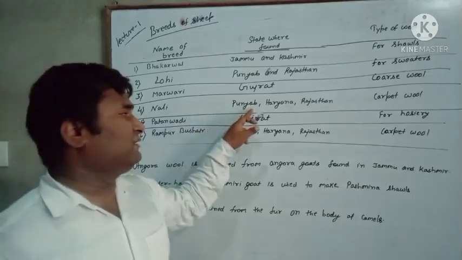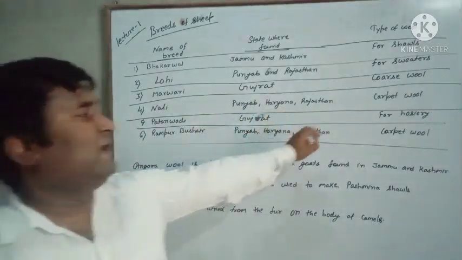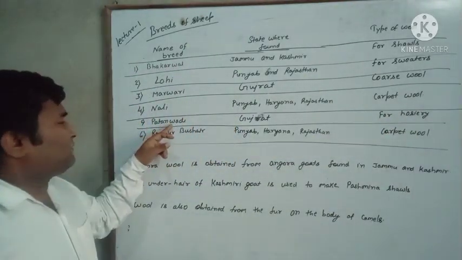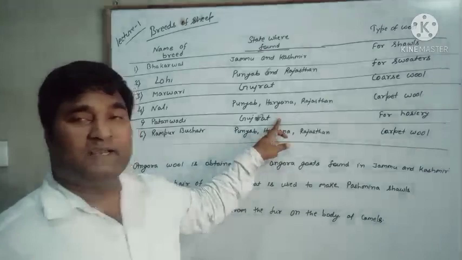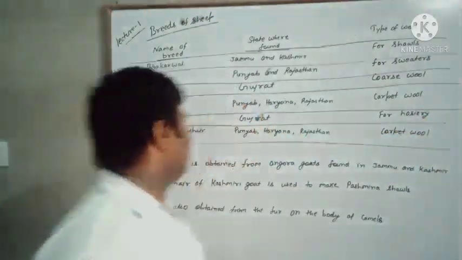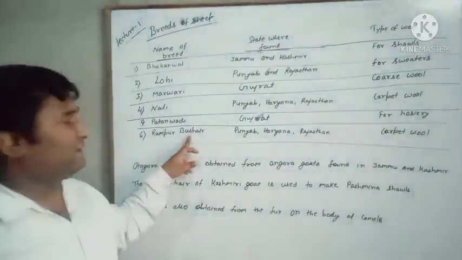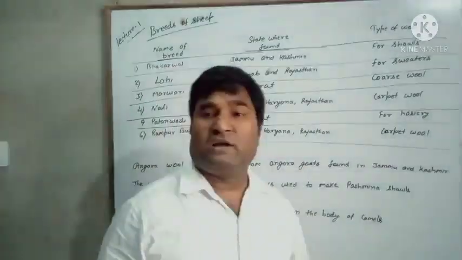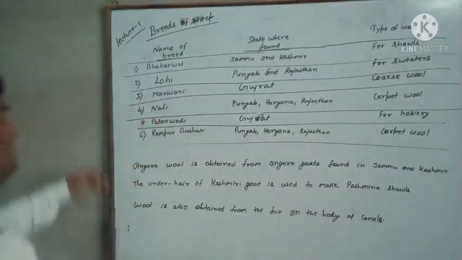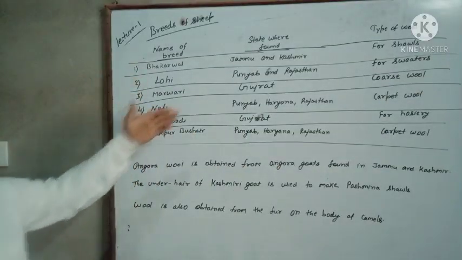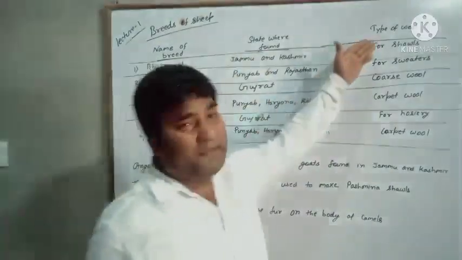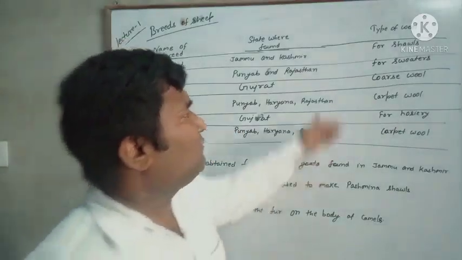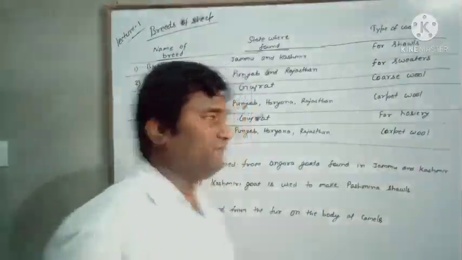Nali is found in Rajasthan, Punjab, Haryana and it is used for making carpets. Patanwadi is found in Gujarat and it is used for hosiery. Next is Rampur Bushair, found in Punjab, Haryana, Rajasthan. It is also used for carpets. Okay, these are the names of some breeds, where they are found and what type of wool they give.